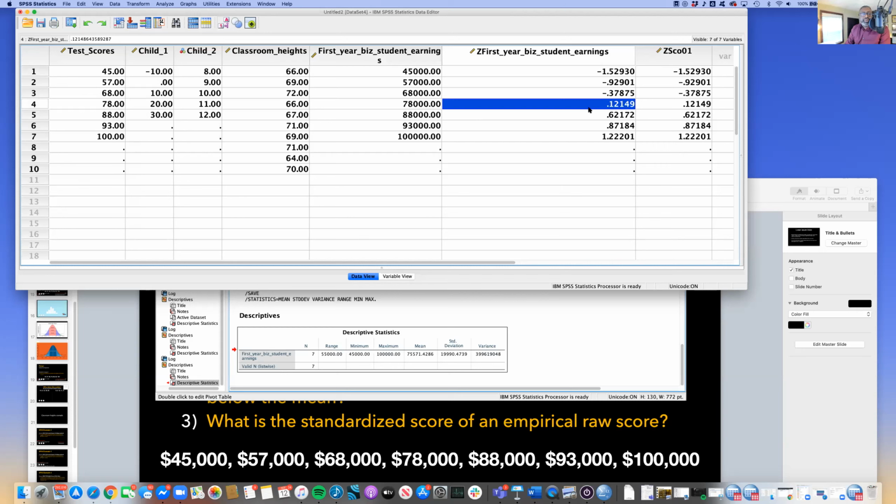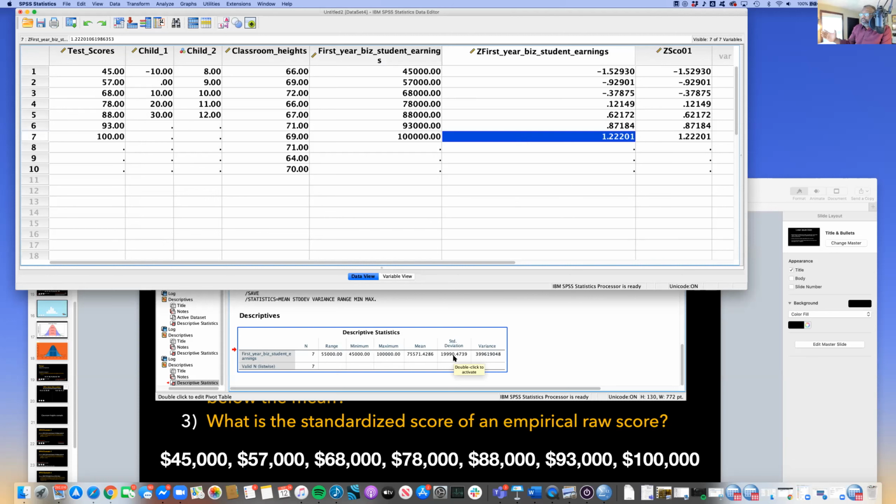I got you though. So it's very small, but then as you start to go up, 88,000 is 0.62 standard deviations from the mean, 0.87, and then obviously 100,000 is a full standard deviation from the mean. It's going to be outside of that. $19,000 difference from the mean.